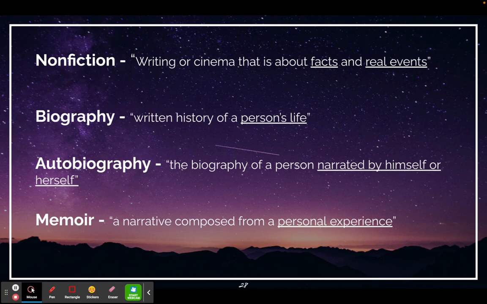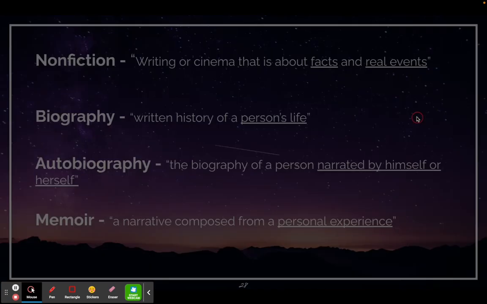An autobiography means that it's a person's entire life, but it was written and narrated by the person whom the biography is about. And then a memoir is a little bit more free-flowing. It doesn't have to be your whole entire life. It could be just a small snapshot, but it's a narrative about a personal experience. And this could be written by the person themselves or by another person.